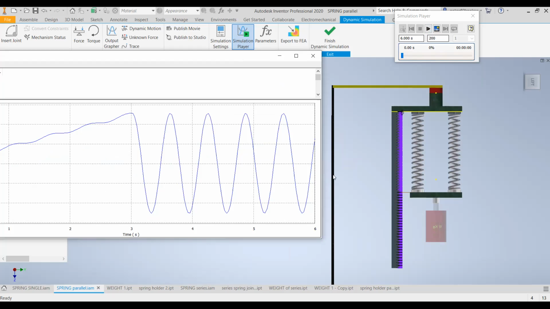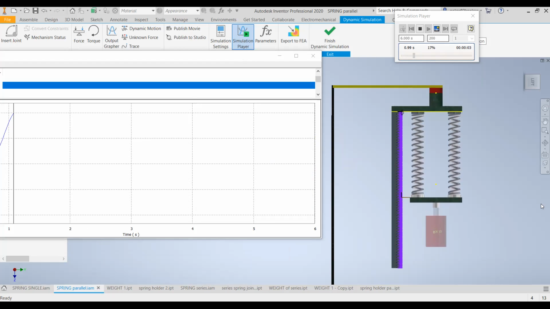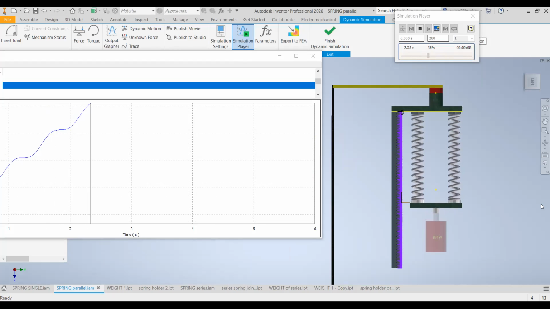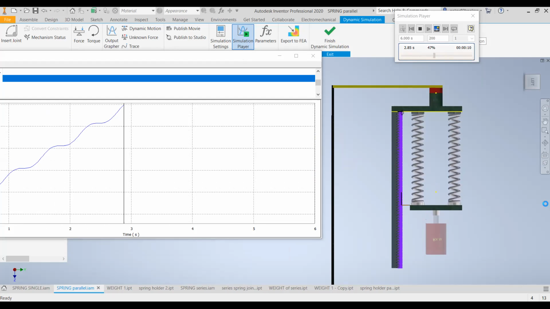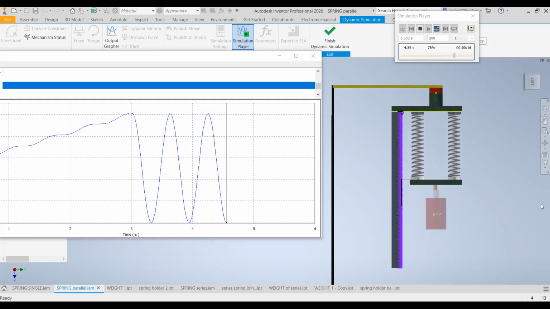At 3 seconds, we remove the force, and then the mass oscillates freely.